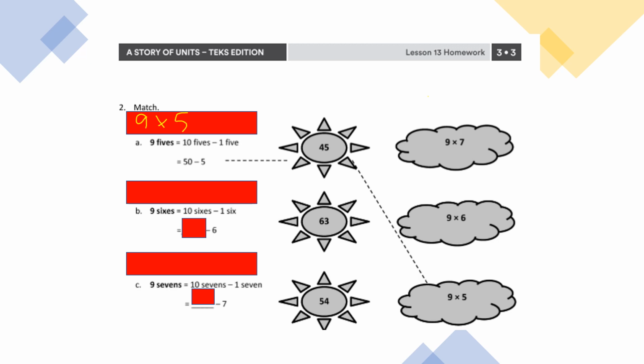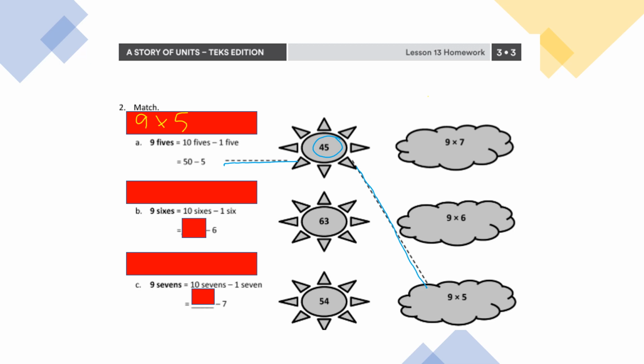So we know that 9 times 5 equals 45, which here is 45. They drew a line to the sun with the answer. Then they drew a line to the cloud with the equation. So basically, we're going to be doing the same thing.